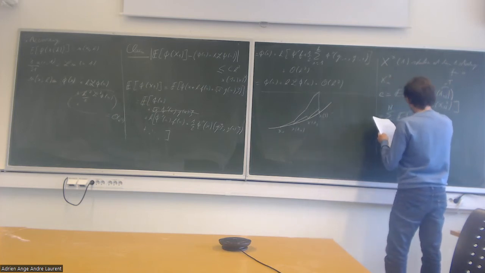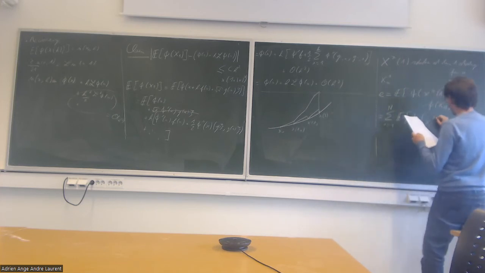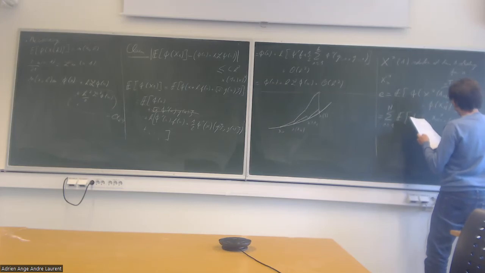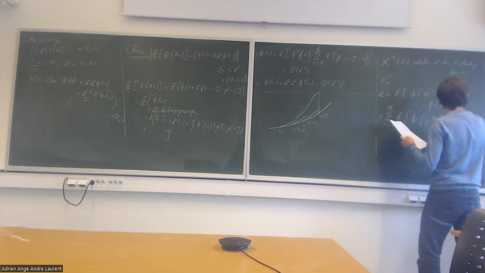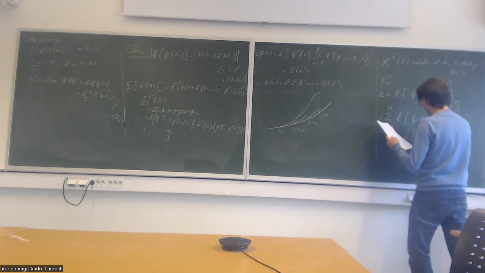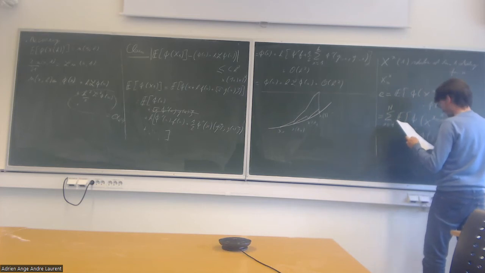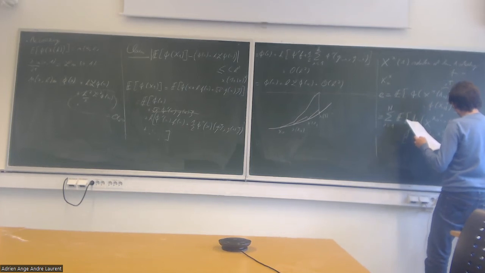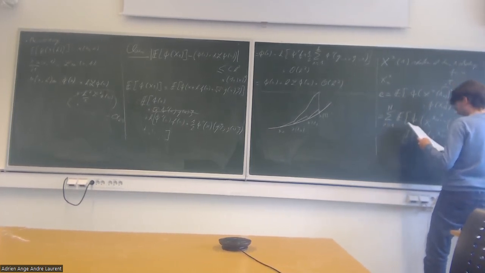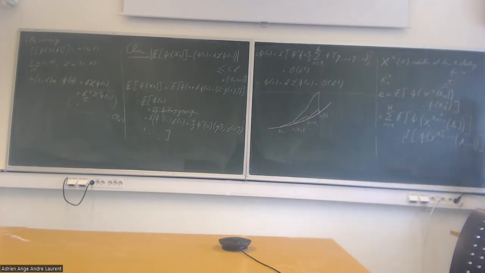Expectation of phi of the exact solution starting at X_n, minus phi of the exact solution starting at X_{n-1}, and so on. It's a telescopic sum. You agree on this. Then you only keep the first and last term.